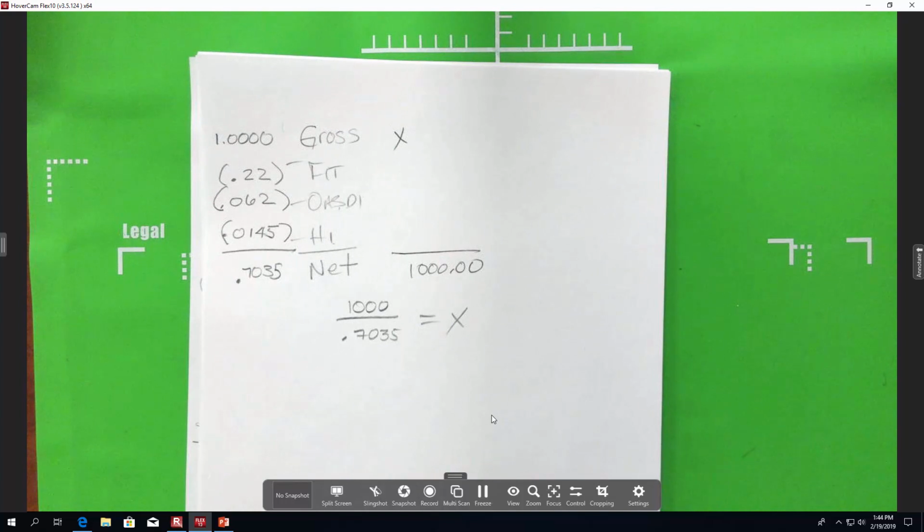My net is 70.35% of my gross, so to gross it up, I have to divide it. And then when you fill in the X, just go multiply the gross by each of the percentages, and it should nice and neatly come down to $1,000, and you know you did it right.